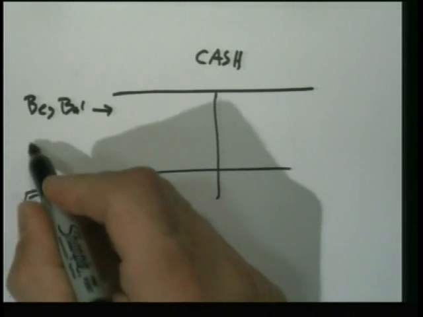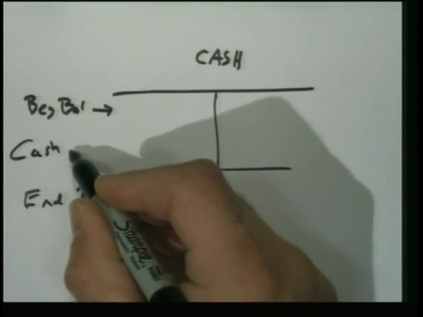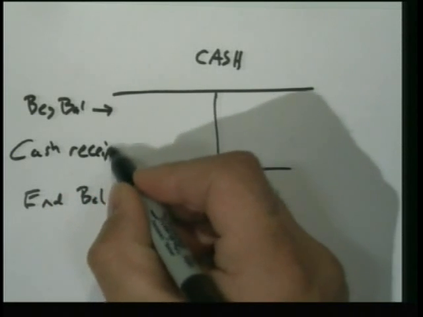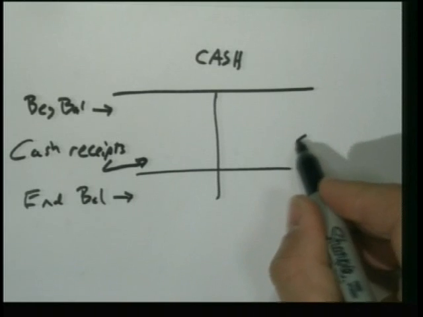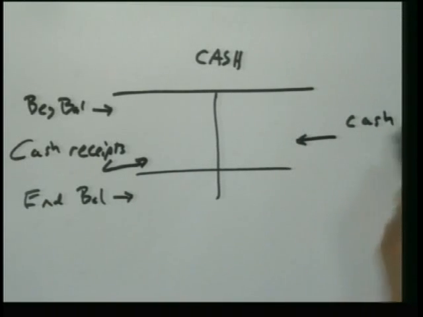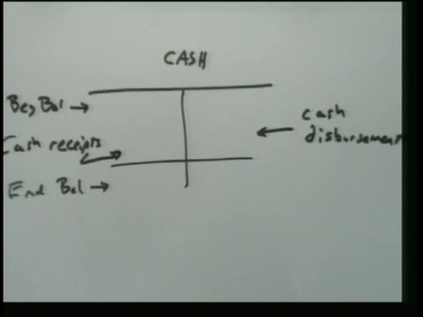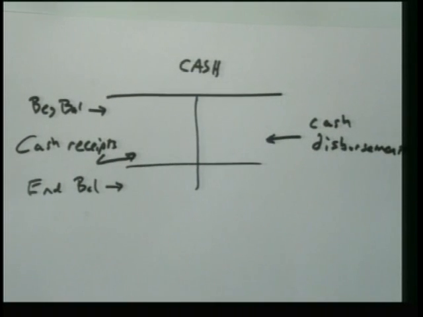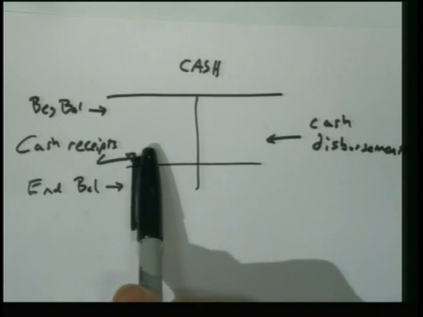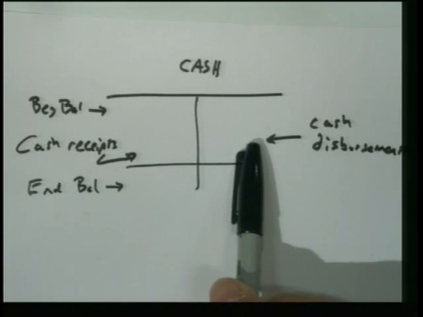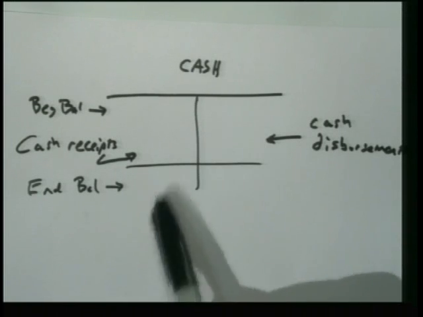So cash receipts would go here, and cash disbursements, which is another word for payments, would go here. Does that make sense? You get your beginning balance. You debit cash when you have cash receipts. You credit it or decrease it when you have cash disbursements or payments, and that gives you your ending balance.